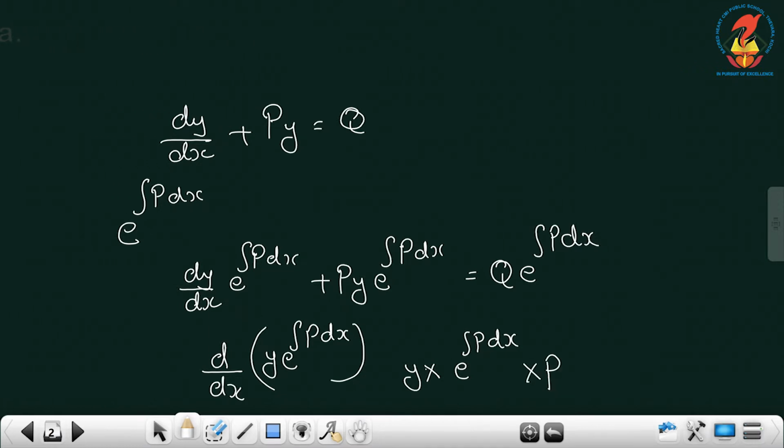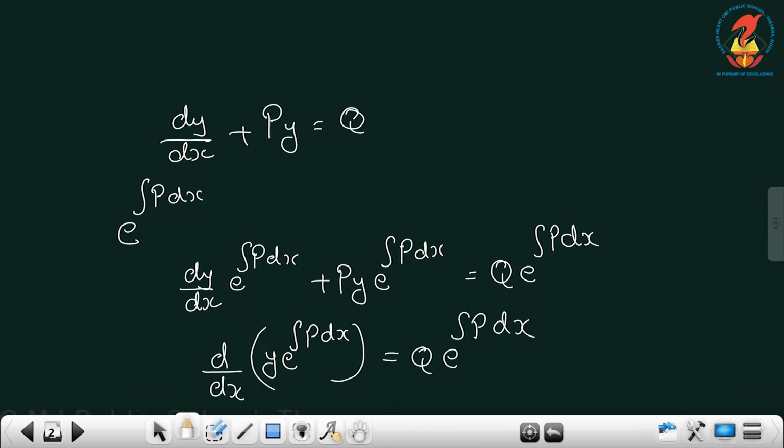Then plus the second function into derivative of first, that is dy by dx. This is the same as this expression. So the left hand side we can write as the derivative of y into e raised to integral p dx. The right hand side is q e raised to integral p dx.